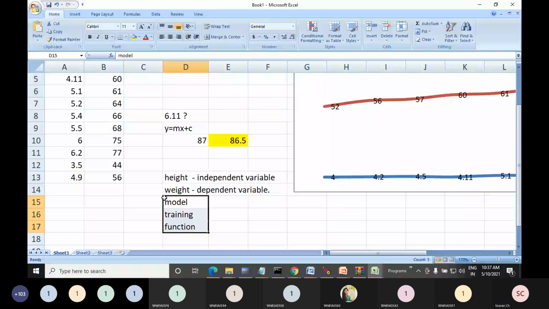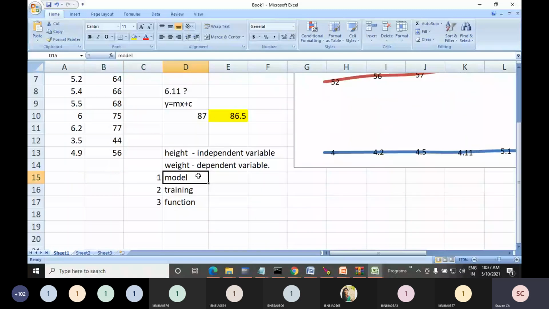So these are the three important words. One is model, the machine learning model. Model means the program which is going to learn from experience, the program which is going to learn from the data which you are giving. In this example, how do I create a machine learning model? I have certain data with me.